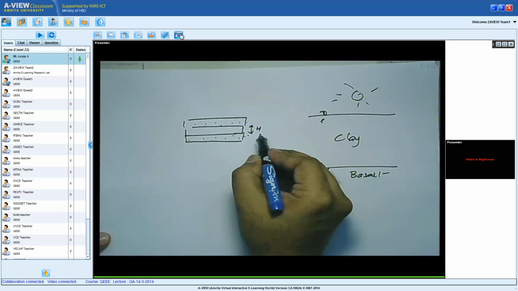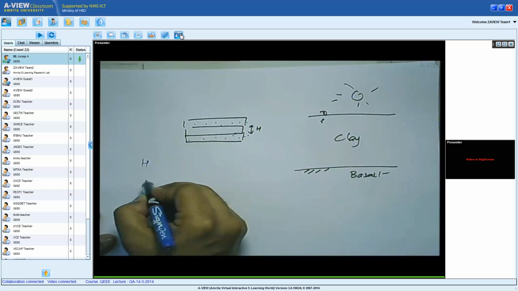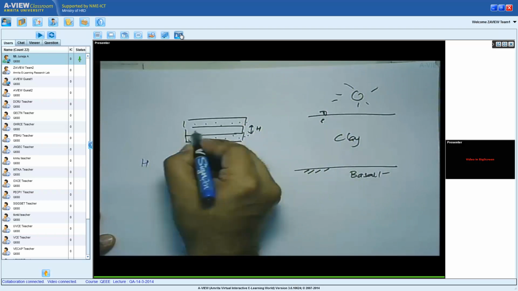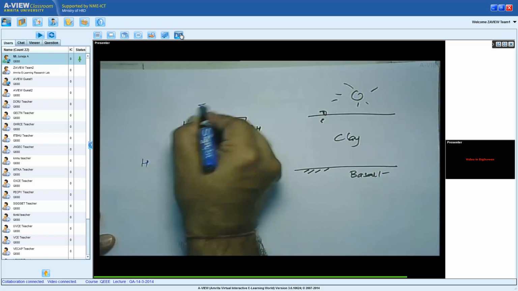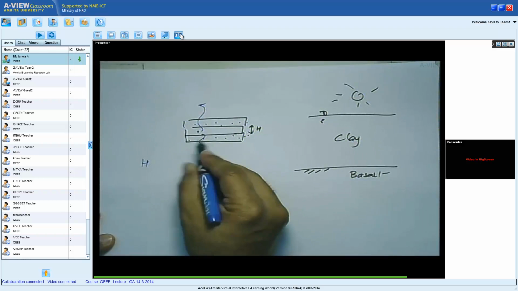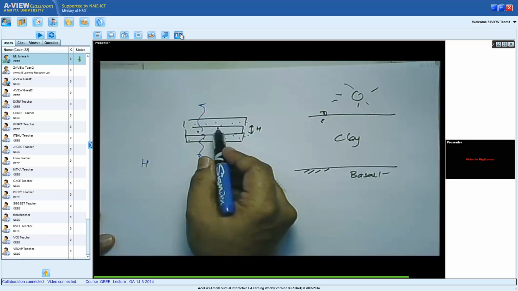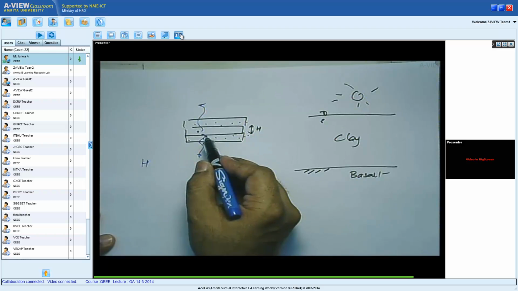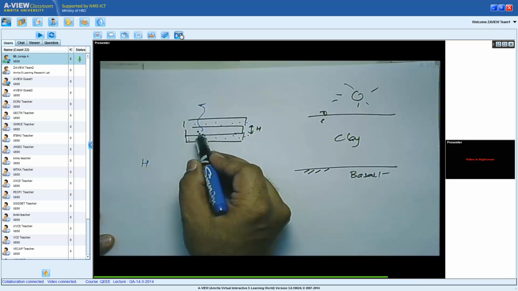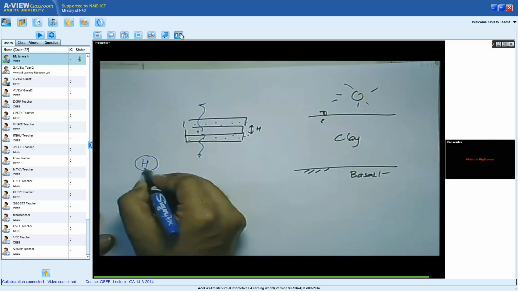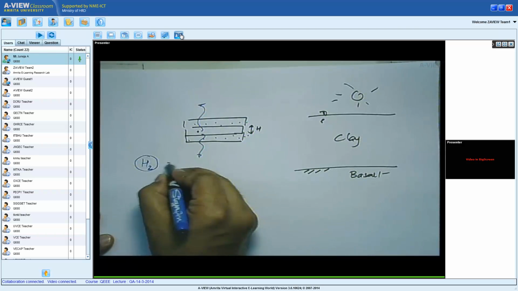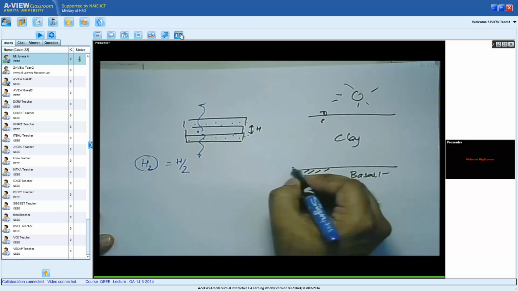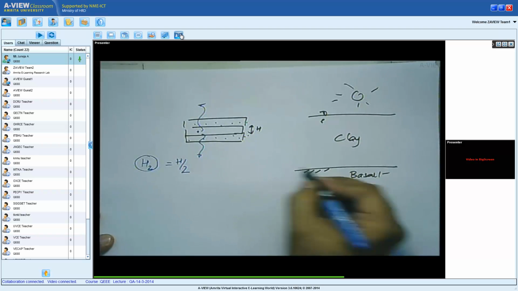In this lab sample, the capital H would be half, because the water at the center of this layer has a choice to go either up or down, because drainage occurs in both directions. So the maximum distance the water will have to travel is from the middle to either top or bottom. So in this case, H2 would be equal to H by 2. It's half of this thickness.